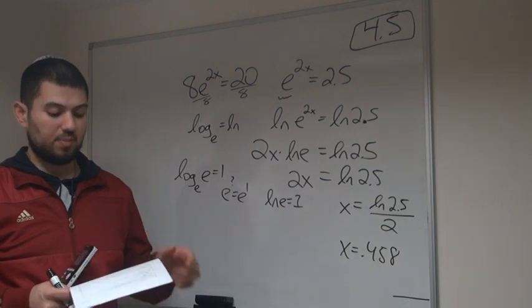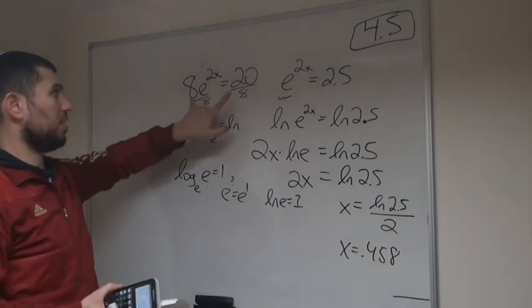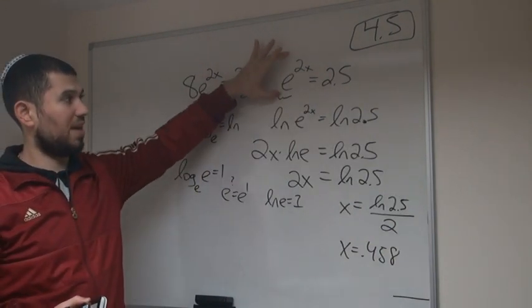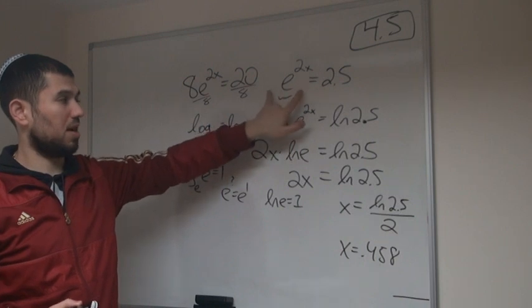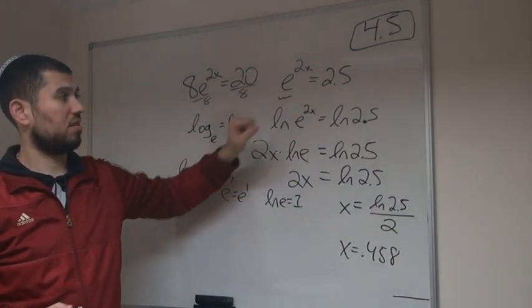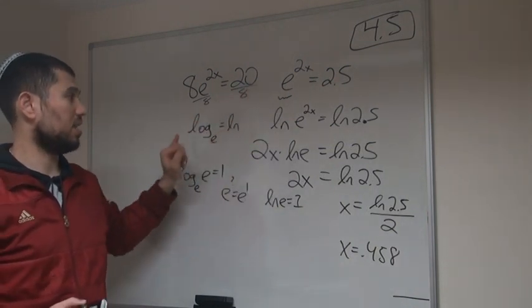Again, similar three-step approach. Start with an equation. We simplify it to a point where all we have is the exponential term on one side. Then we take the log of both sides. Here, since I have an e, I'm going to use the ln, or log to the base e.